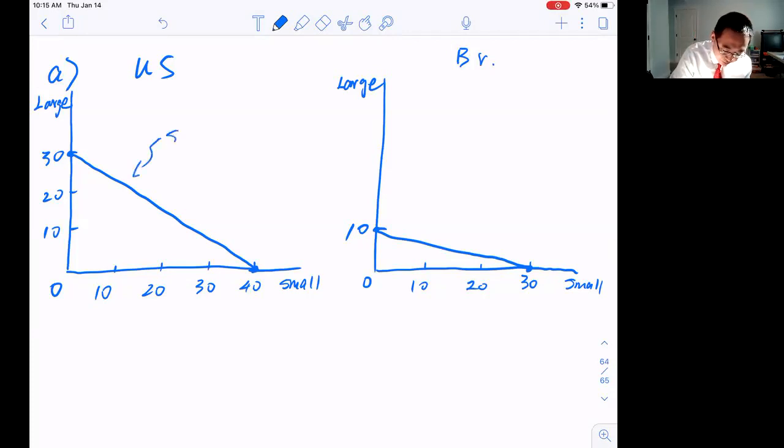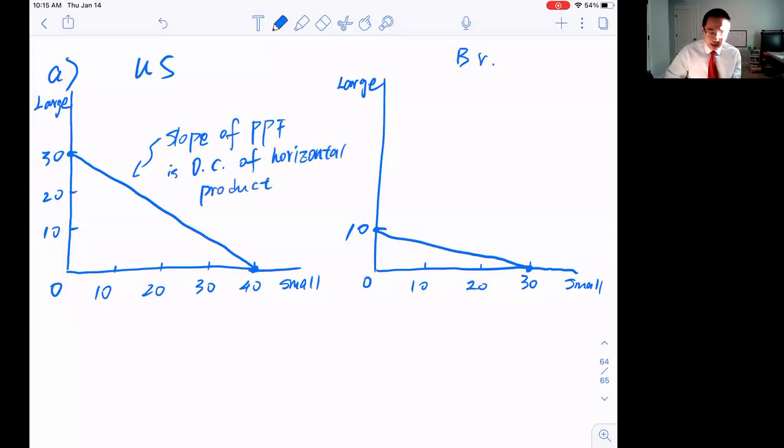The slope of your PPF is always the opportunity cost of your horizontal product. What I mean by that is, in this particular case, small airplanes are on your horizontal axis. So the slope of this PPF for the US is the opportunity cost of producing one small airplane.